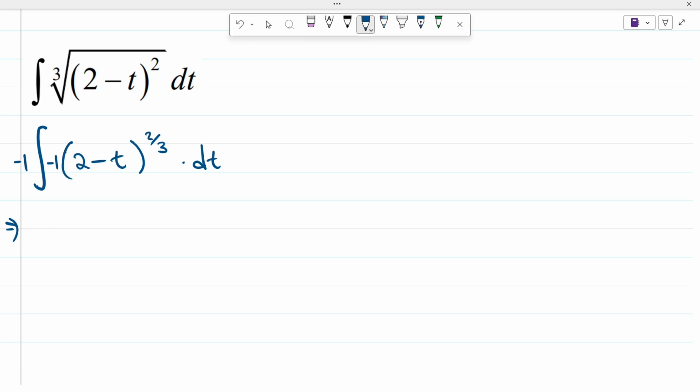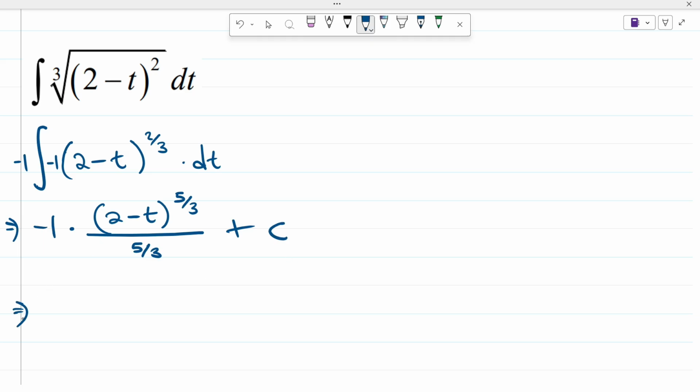So the answer for this is going to be this minus 1, which is coming from the outside, and then you apply your general power rule. So 2 over 3 plus 1, that's your 5 over 3, right? So 1 plus 2 over 3 is 5 over 3, divided by 5 over 3, plus c.